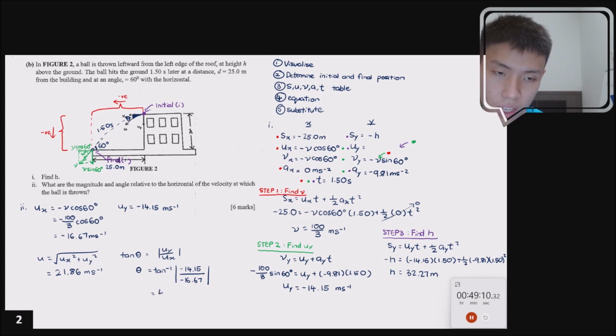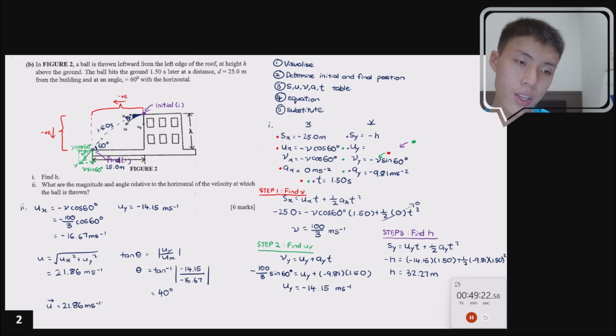Around 40 degrees, I think. So we find our magnitude and our angle already. It's nice to keep everything tidy and write the final answer in vector form: magnitude and direction. This is 40 degrees below the negative x-axis.